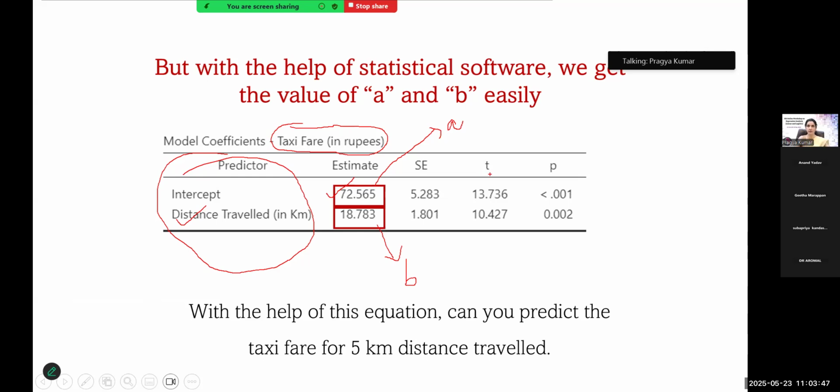But with the help of this equation, can you predict the taxi fare for 5-kilometer distance traveled? You can take only up till 1 decimal point. So if you have to write the equation, how will you write?